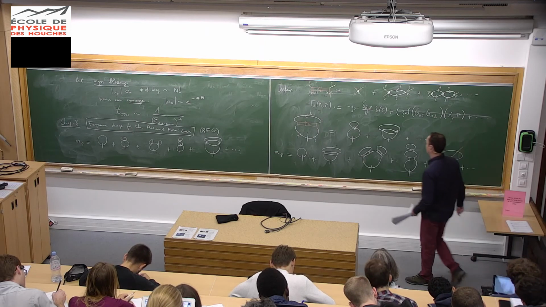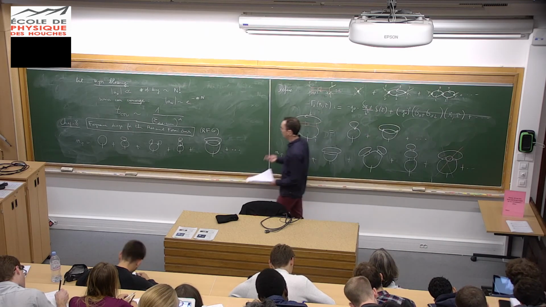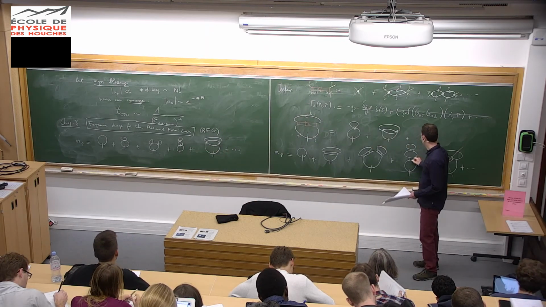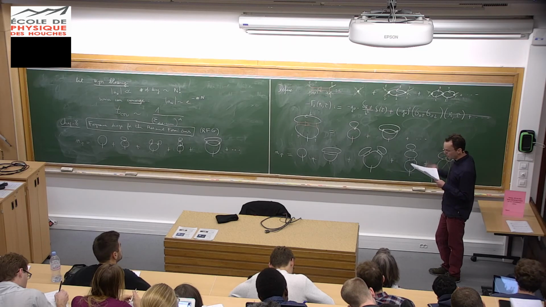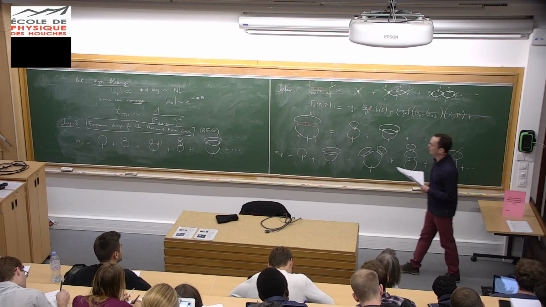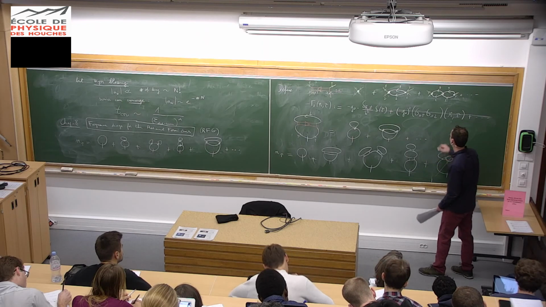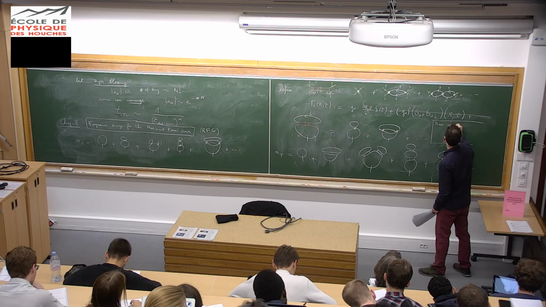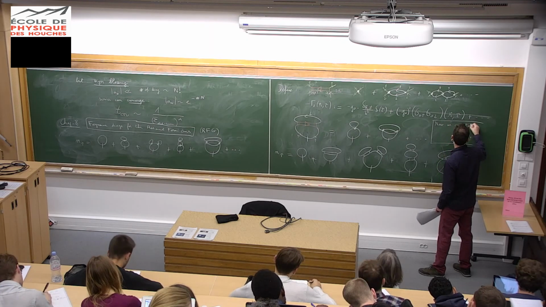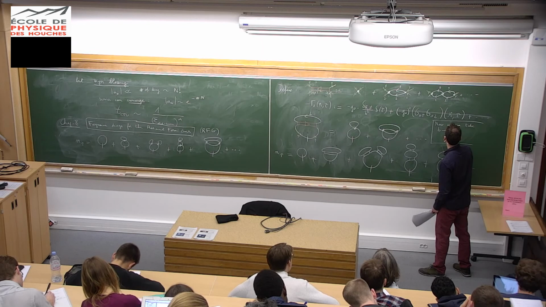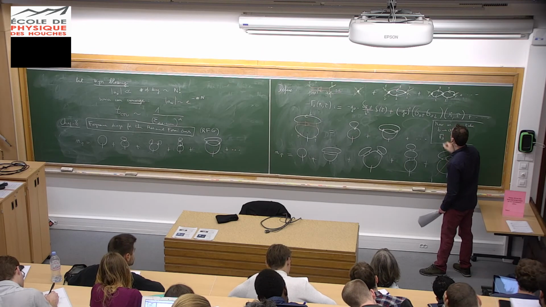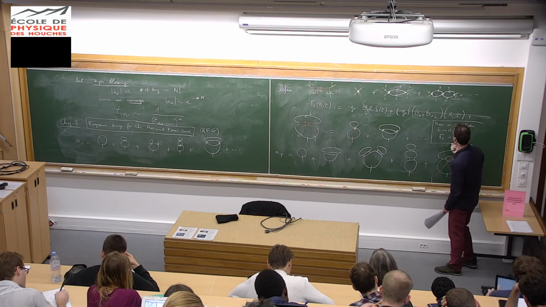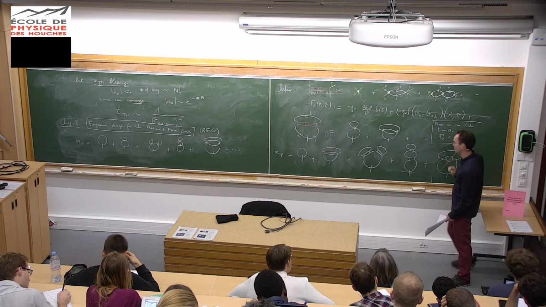So now we rewrote our diagrammatic series in a different way. And the nice thing is that now we can indeed take the limit b going to 0. So now we can take the continuum limit, and gamma 0 is well defined in this limit. It has a finite limit when b goes to 0.